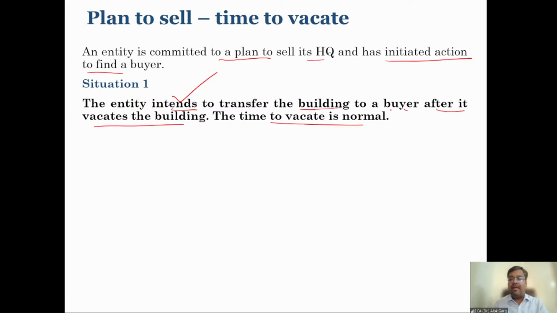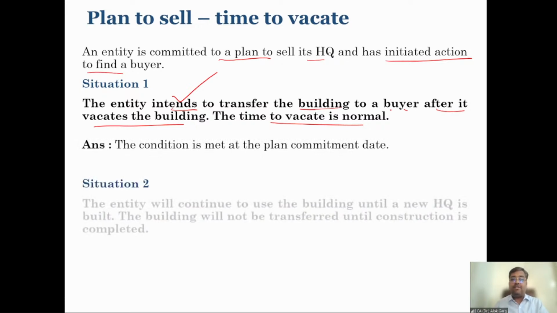Of course, the entity will transfer the building to a buyer only when it vacates the building, and the vacation time is normal, 5 days, 7 days, 10 days, 15 days, right? It is a normal time to vacate the house. Okay. Friends, tell me whether the available for immediate sale criteria is being met or not. Yes, it is meeting.